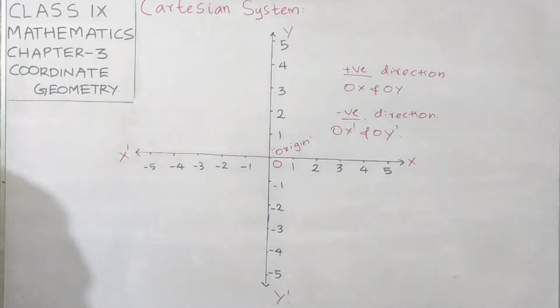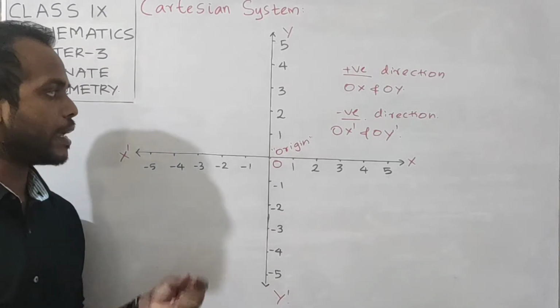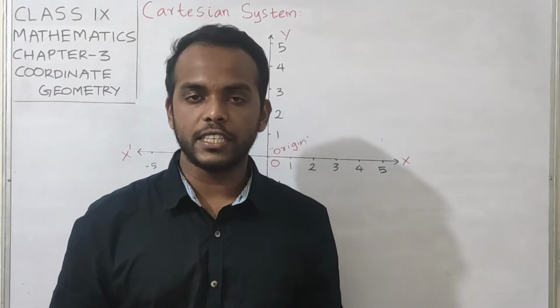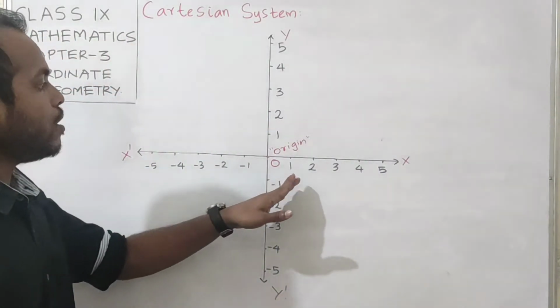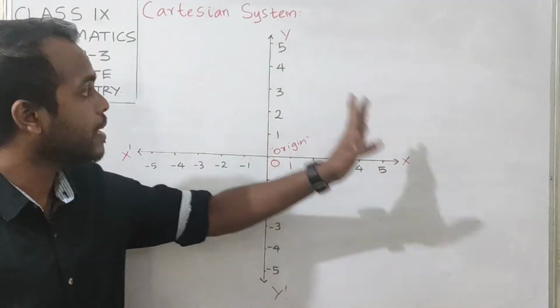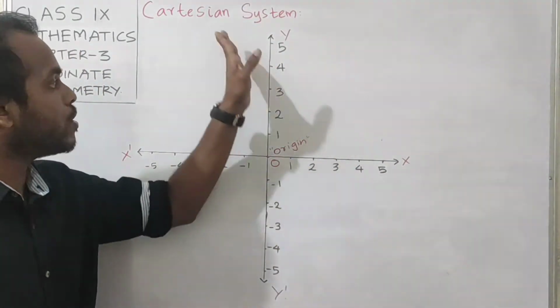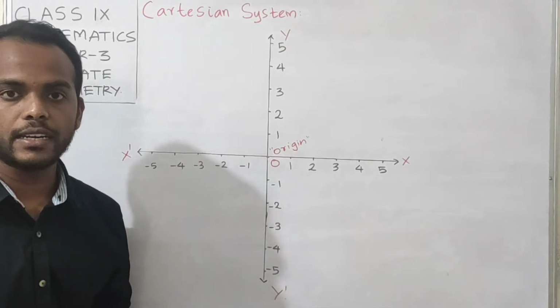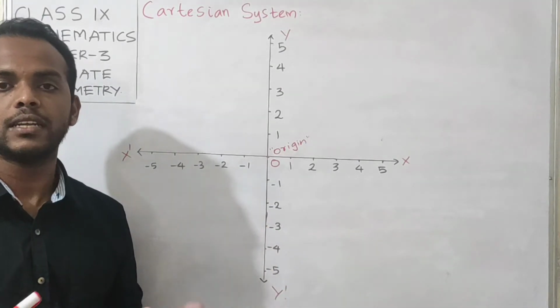Now let's see more definitions and terms in this coordinate system, more definitions of the Cartesian plane. First, we call this horizontal line the x-axis, and the vertical one the y-axis. You would have come across this xy plane while drawing graphs in statistics.